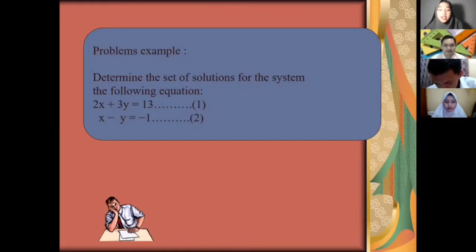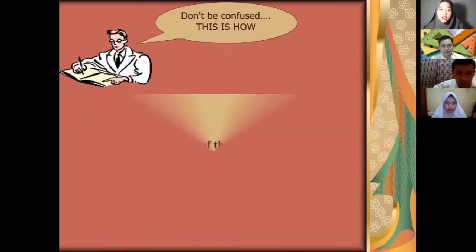Now, next, I will explain the example problem. Example 1: determine the set of solutions for the following system of equations. 2x plus 3y equals 13 is equation 1, and x minus y equals negative 1 is equation 2.